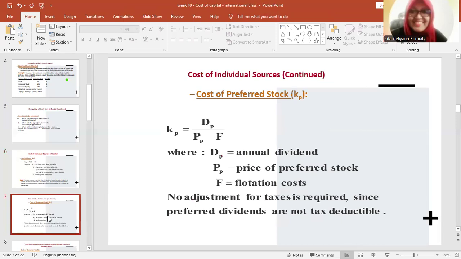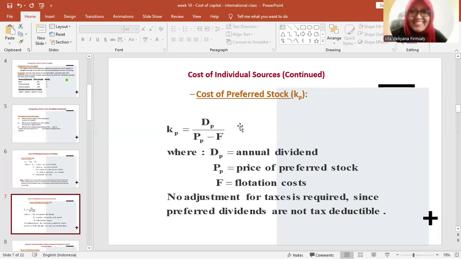The second source of cost of capital is the cost of preferred stock. If the company sells preferred stock, then you will need to calculate the cost of preferred stock. But if the company does not have preferred stock, then you don't need to calculate this one.